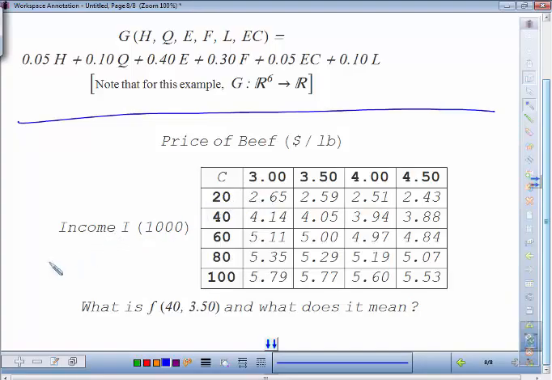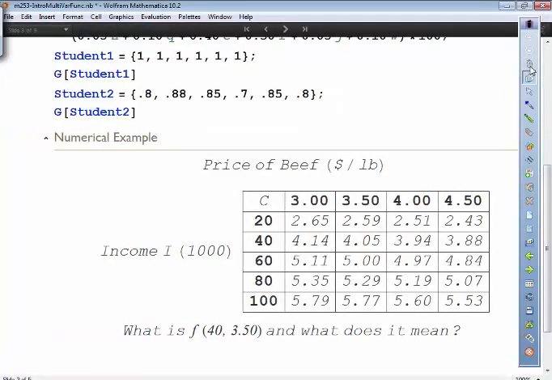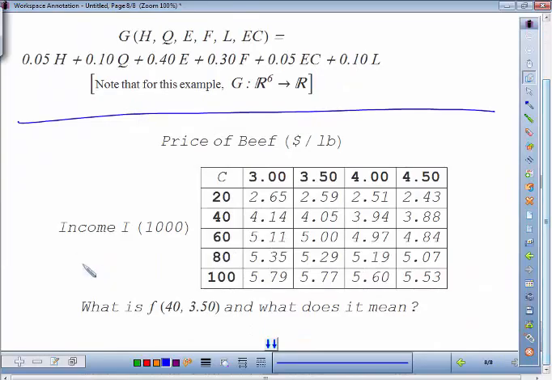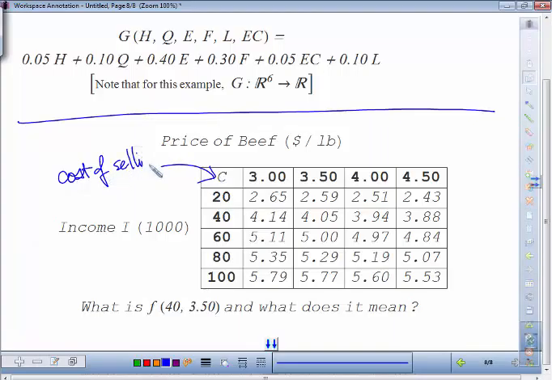So in this example, we can write this as the price of beef. Is there more? Did I miss something? So I think this is the cost that they're selling the beef. So this is your cost as a consumer.